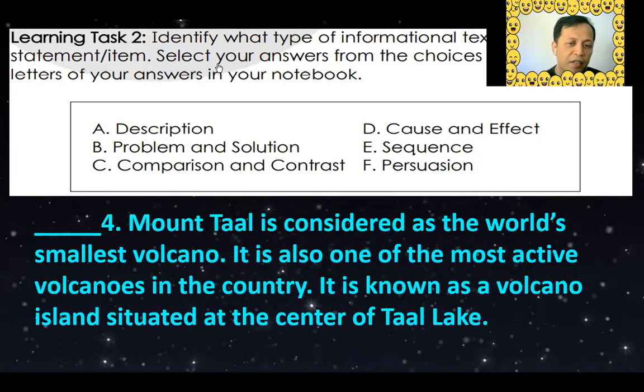Now, number 4, Taal is considered the world's smallest volcano. It is also one of the most active volcanoes in the country. It is known as a volcano situated at the center of Taal Lake. Now, what kind of informational text is that?